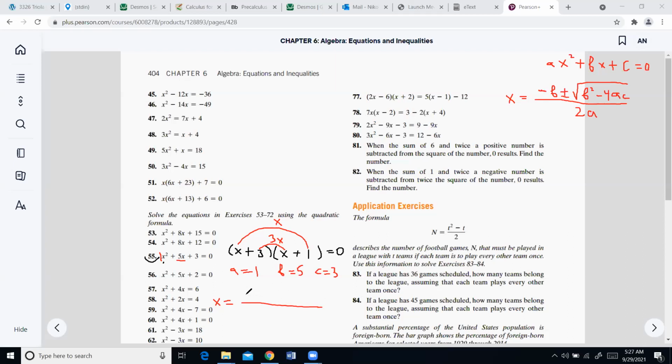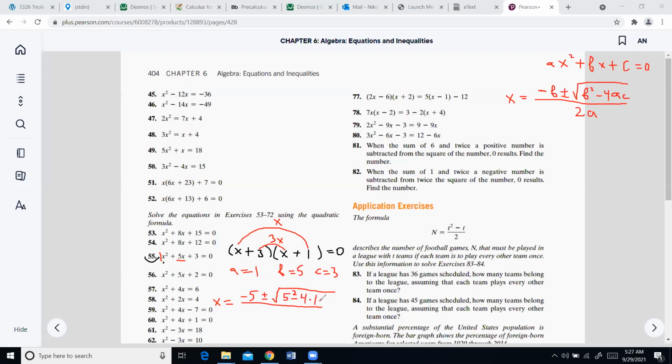So let's do that. The first term will be minus b, so I put b with a minus sign, so it'll be -5. Then there is a plus and a minus sign up here. What does that mean? Well, we'll see. Let me first plug numbers in. So b squared will be 5 squared, right? Then I need to subtract from it 4 times a times c.